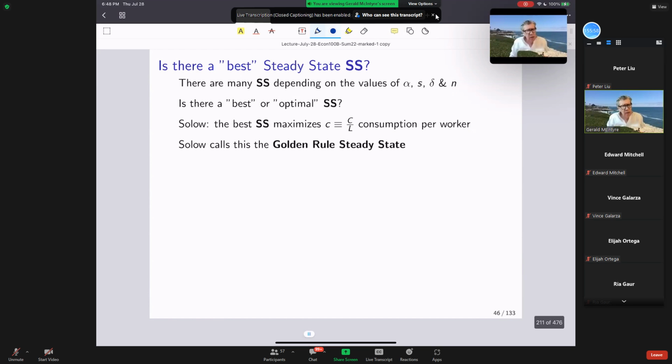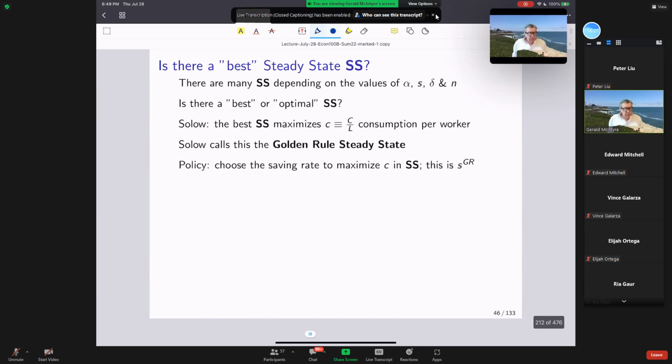So Solow calls this particular steady state that maximizes consumption per worker the golden rule steady state. We'll call it the GR steady state. Of all the possible steady states in the universe, this is the one that maximizes consumption per worker. That's the golden rule, Solow says.